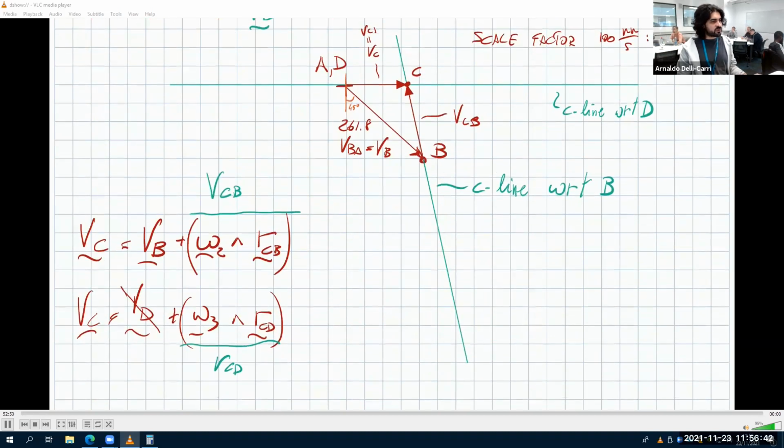How do we find omega-2 and omega-3? Well, it's easy. Everything is inside the equation. VCB, which is this vector of this length, is this beast. So I can say that the magnitude of omega-2 is the magnitude of VCB divided by the magnitude of RCB.